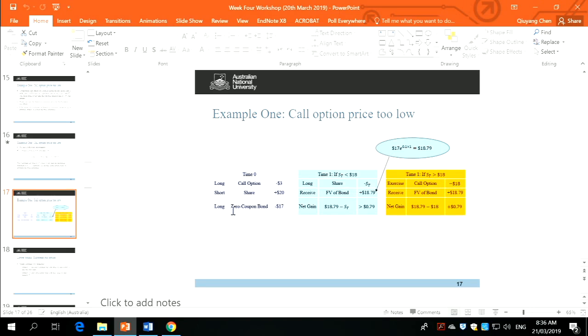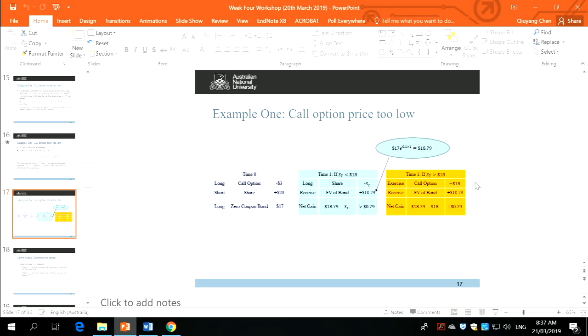Why? Because we took a long position in a zero coupon bond 1 year ago, and now this zero coupon bond pays us the face value, $18.79. And we can use that face value to pay the strike price, $18, and we get the underlying share, then we return the share to the stock owner, and we close off our short position in the shares.